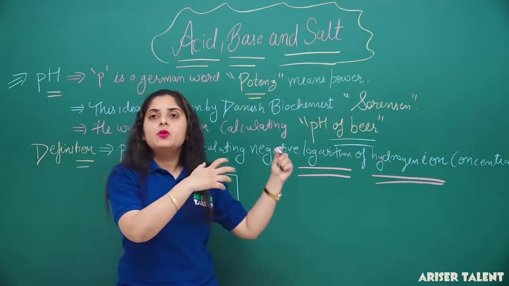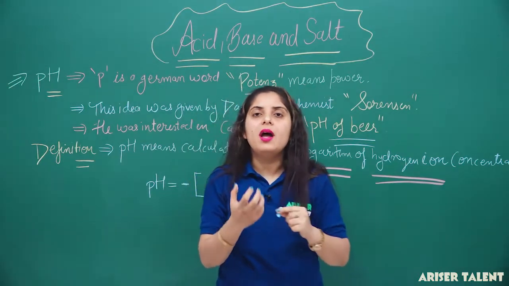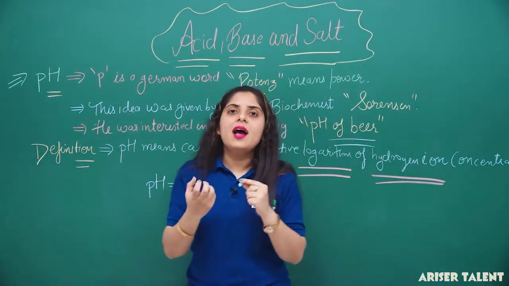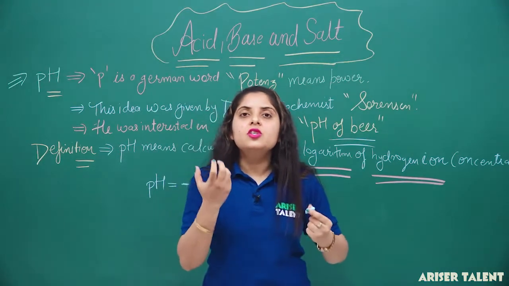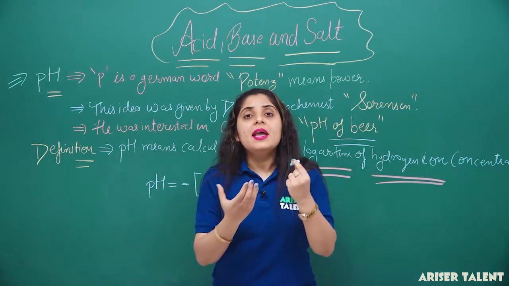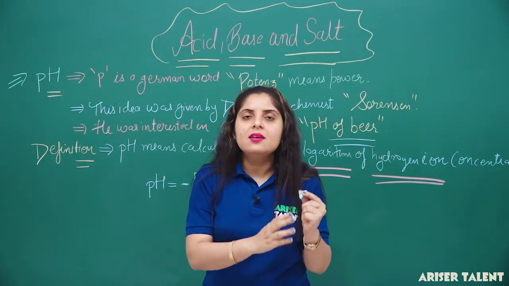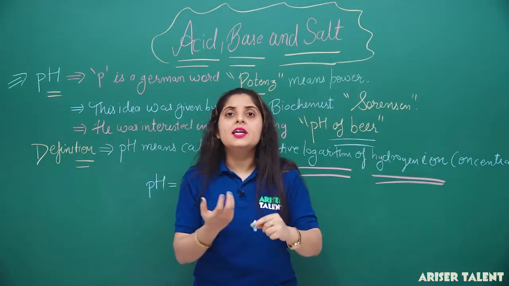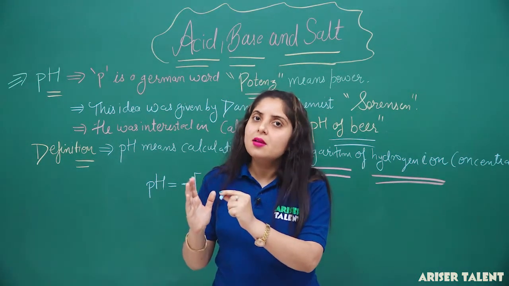As we go back to our topic, I have earlier told you about the Arrhenius concept. In the Arrhenius theory, we have seen that substances capable of giving H plus ions are termed acids, and those which give OH minus ions are termed bases.